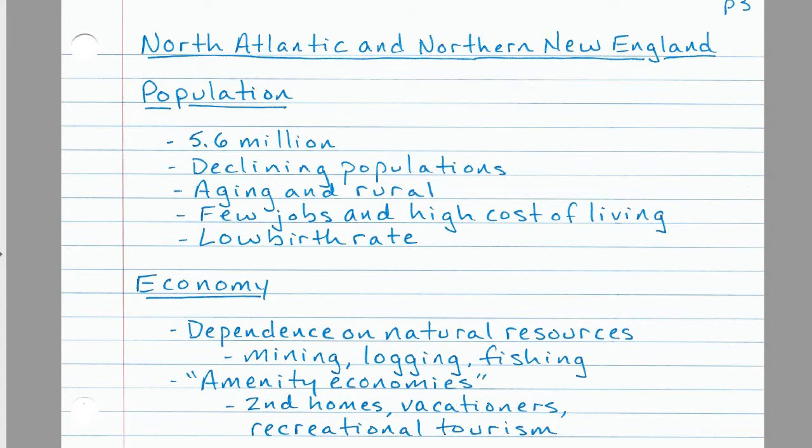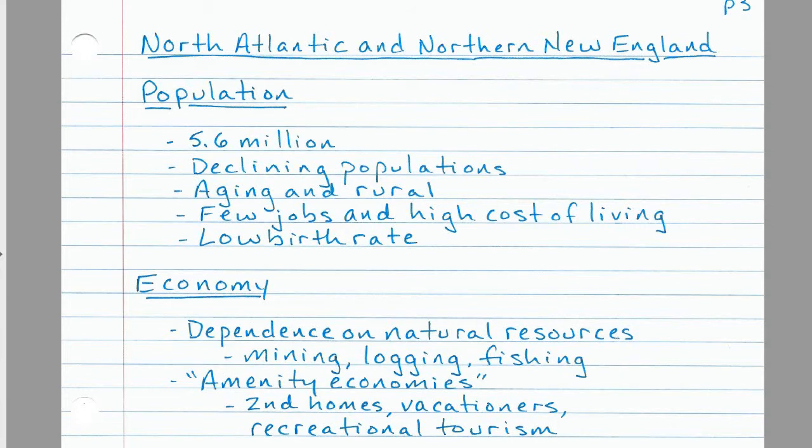And not only that, but it's also expensive to live there. So the cost of living is high, and there aren't very many jobs, and so not a lot of opportunities. And so, of course, young people tend to not stick around, and that means that there's a low birth rate because there aren't very many young people staying there and having children.